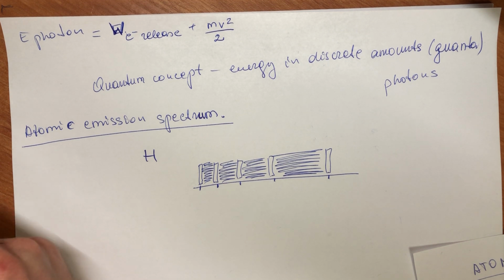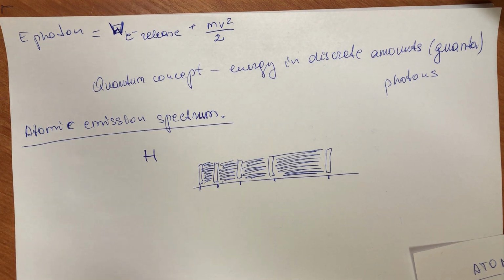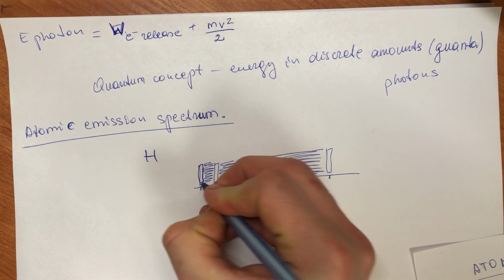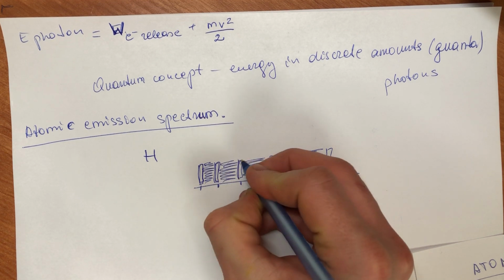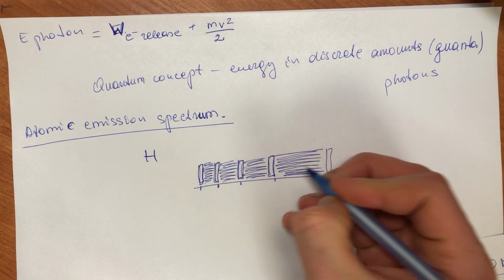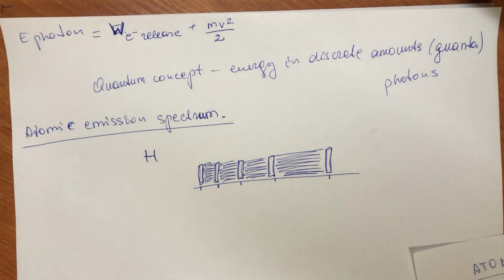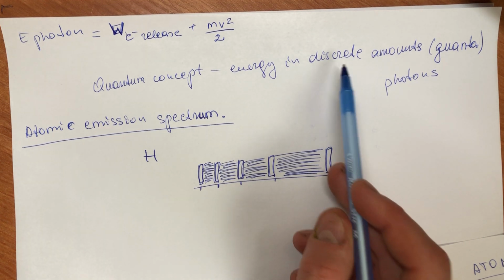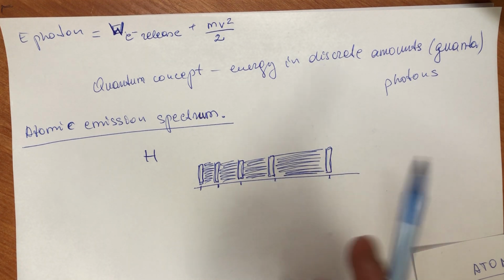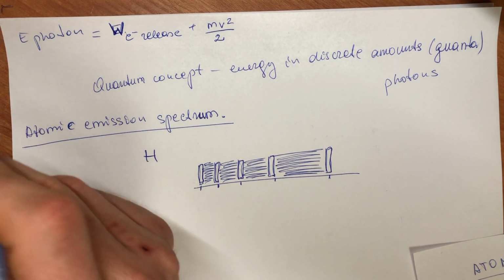So hydrogen produces specific wavelengths of emission. It is not the emission of an electron falling onto the nucleus. In that case the spectrum would be continuous, but here it is discrete. So you see, this word discrete here, and the spectrum is discrete. So it means that something is making sense.